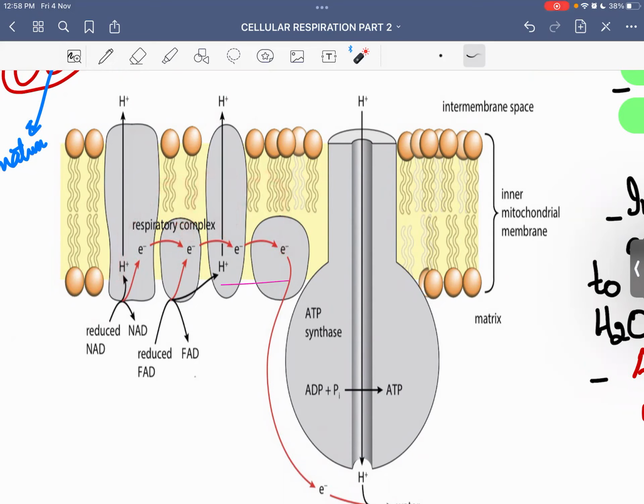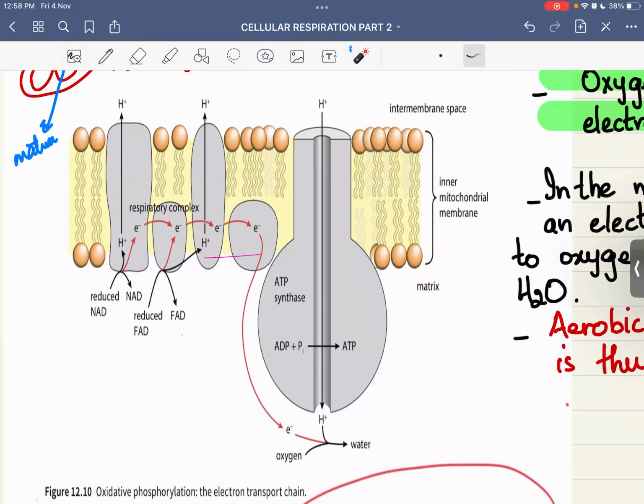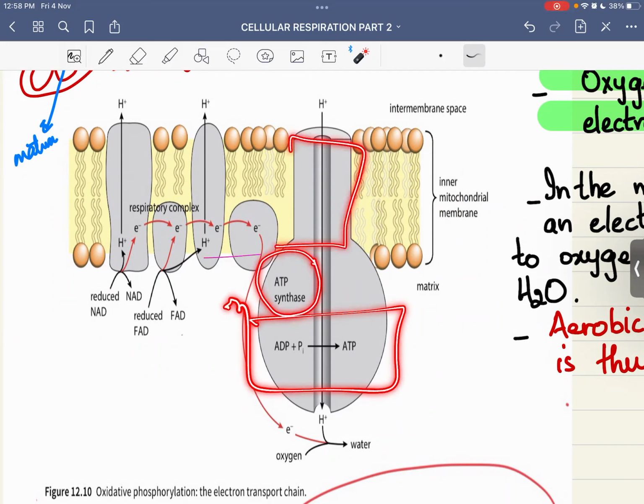हाँ, इनके jumping से जो है ना आती है energy. The jumping actually gives energy to facilitate the formation of ATP with the help of the enzyme and with the help of the channel protein.